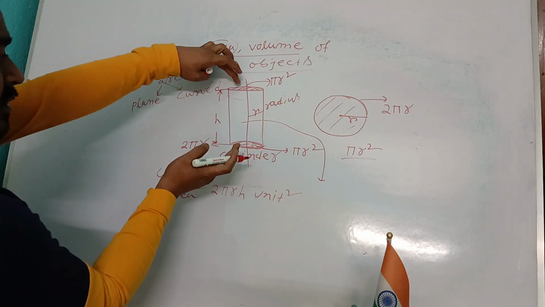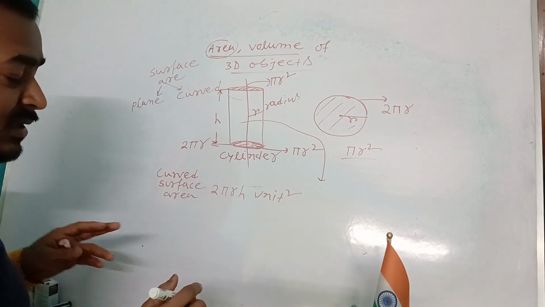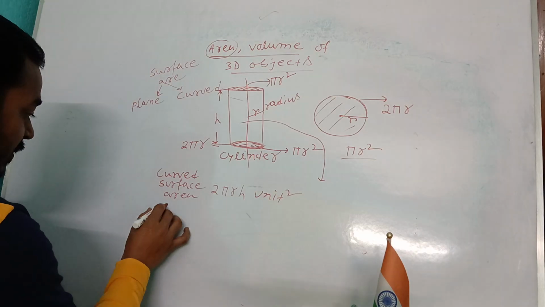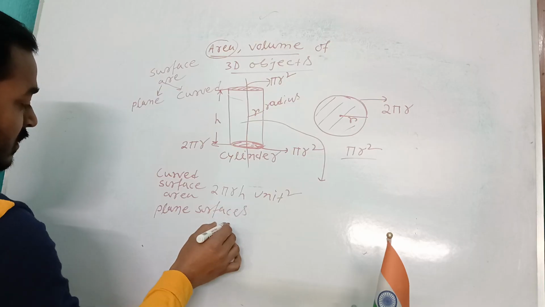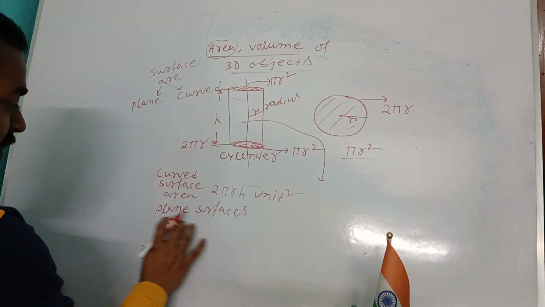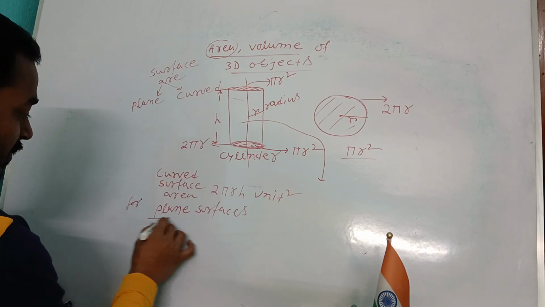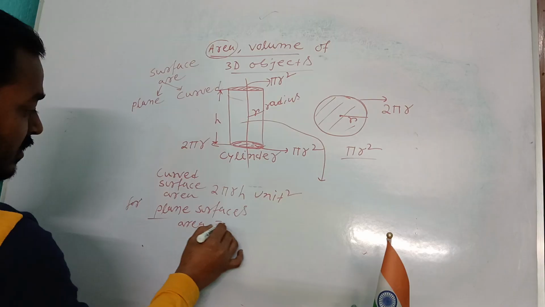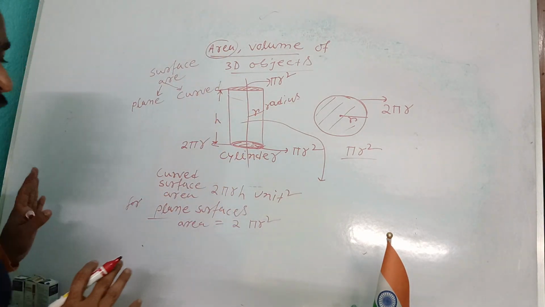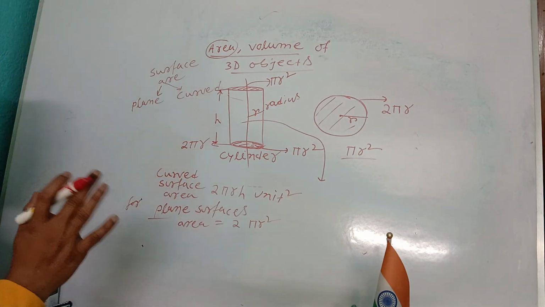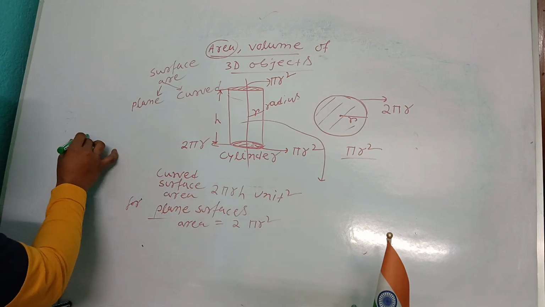Next one, this plane surface, it is also a plane surface. So two plane surfaces are there. For the plane surfaces, area is 2 times pi r square, because this side and that side also. So what is the total area?